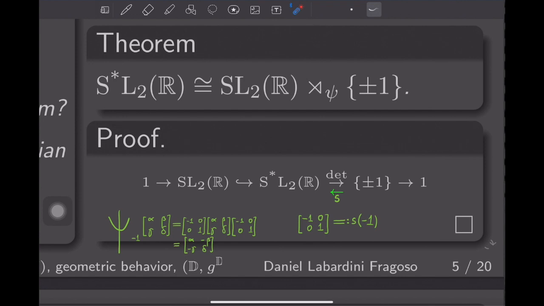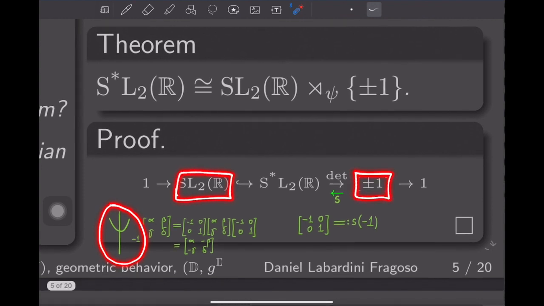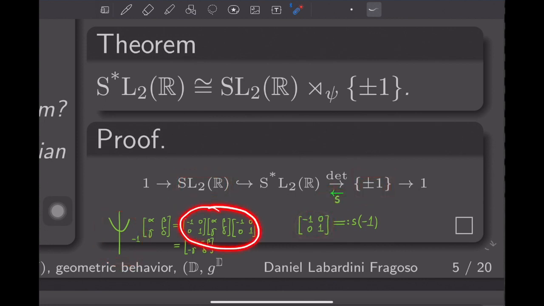So recall that, roughly speaking, the relation between the splitting and this group action by automorphisms is that the action on this group corresponding to an element of the other group has to correspond to conjugation by the image under the splitting. So that's why it's this one.